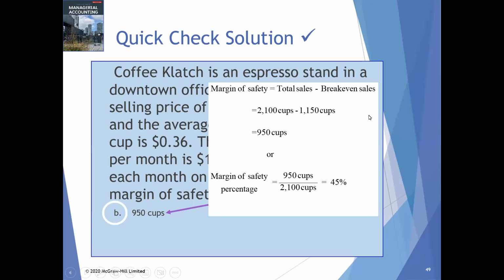So that is the break even sales. It means it will be covering the fixed cost, right? But we need profit. So total sale is 2100 cups, so 950 cups is the margin of safety. It means from the 950 cups we will earn profit. So the percentage will be 45%.